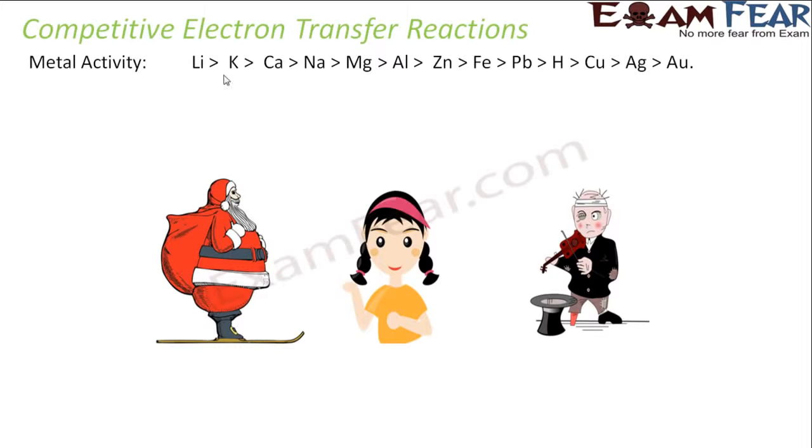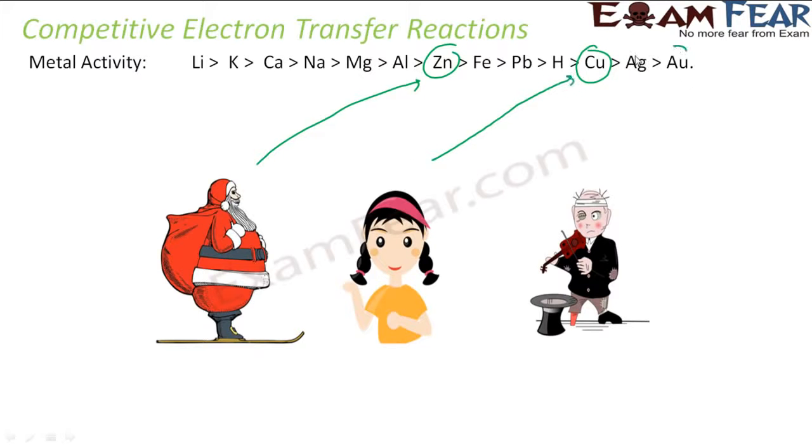So zinc will be somewhere here, there is copper somewhere here, and silver is somewhere here. For example, if you talk about lithium and potassium, then lithium will become Santa Claus and potassium may become the girl, right? So the one on this side has more tendency to give electrons.